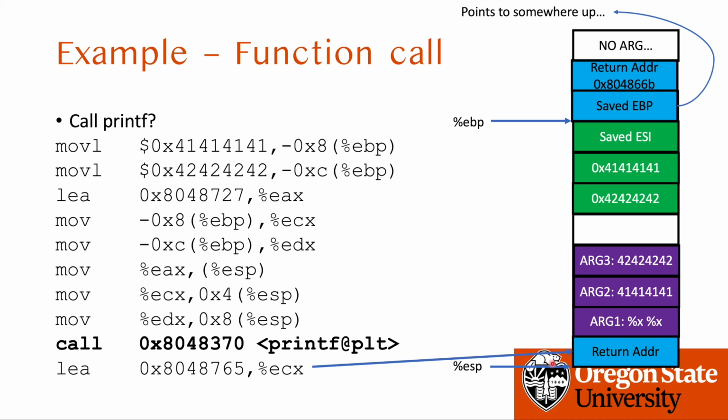So ESP will go 1 down, and then it will store the return address, and the return address will be the address of this instruction. So after the printf function is executed with these 3 arguments and then returns, it will return to the receive input function, to the location pointed to here.